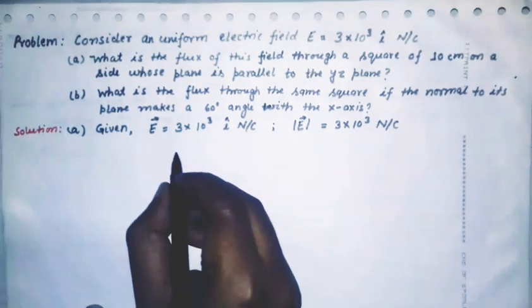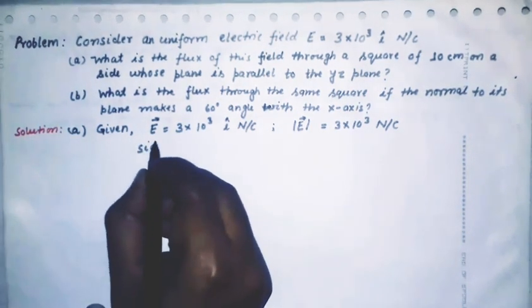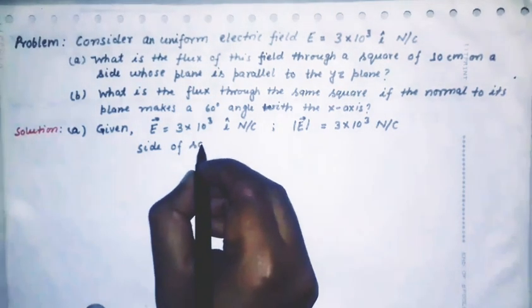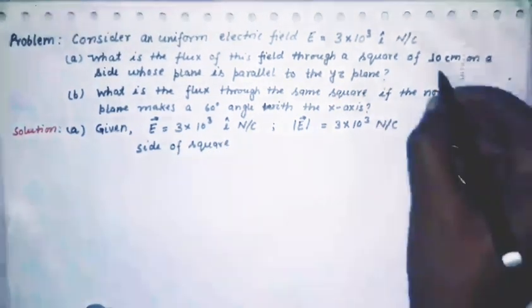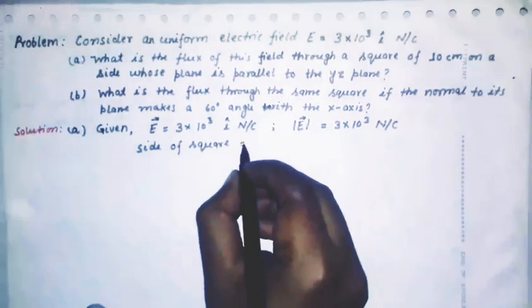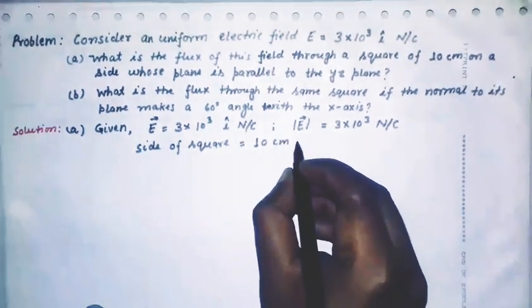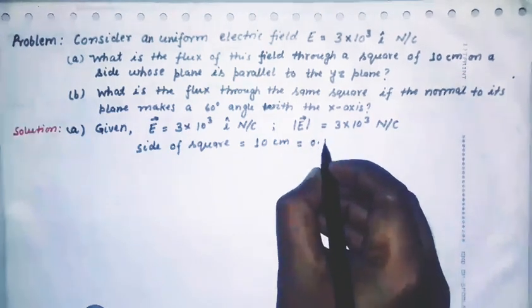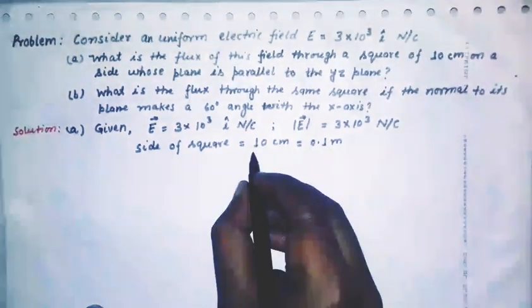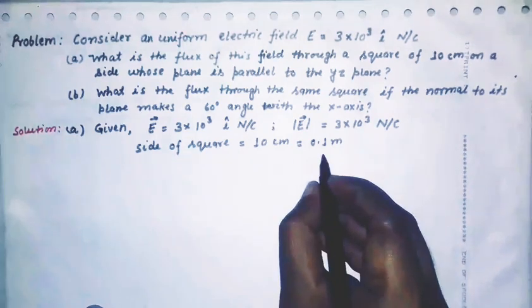Next we note down the side of the square, which is given. This is 10 centimeter. So we will convert it into SI units. It will be 0.1 meter, 10 divided by 100, so 0.1 meter.